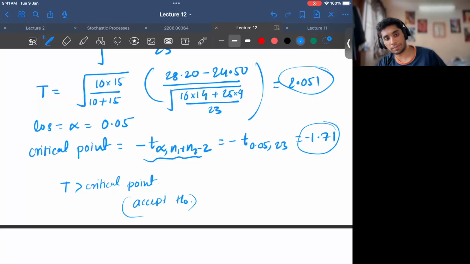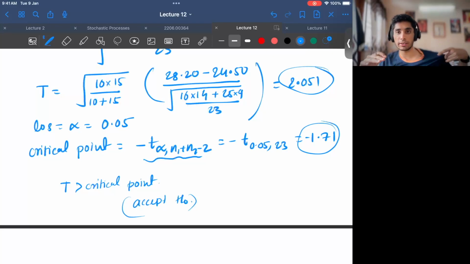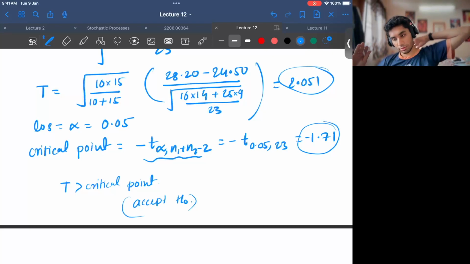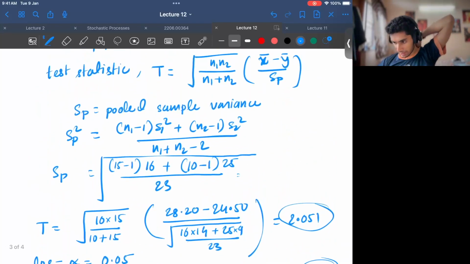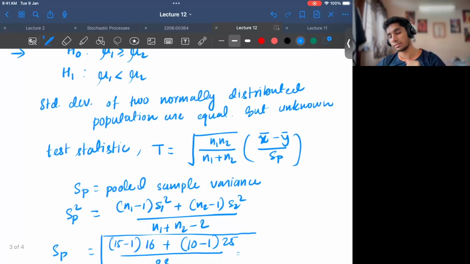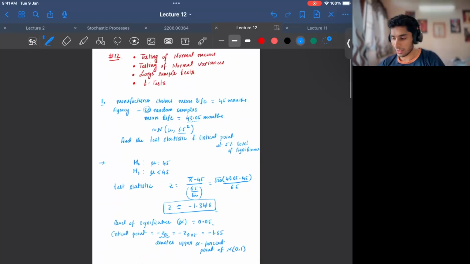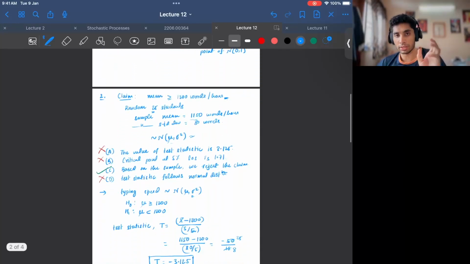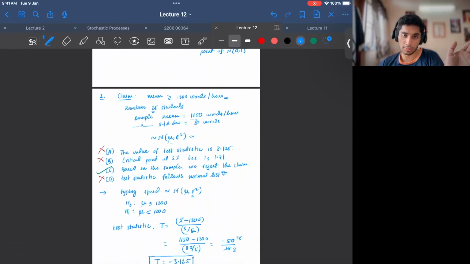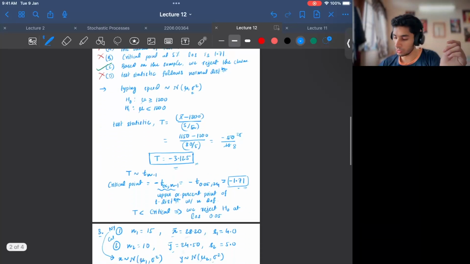Okay, so this was another question where you had to compare the means of two distributions. These are different flavors of the same thing. In the first question, the variance was known and the test statistic was simple. In the second question, there was just one difference: the population variance was unknown to you.